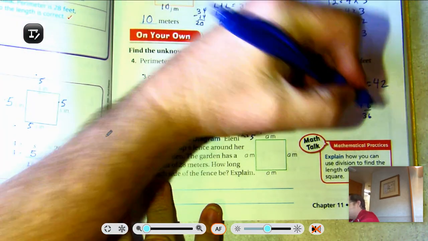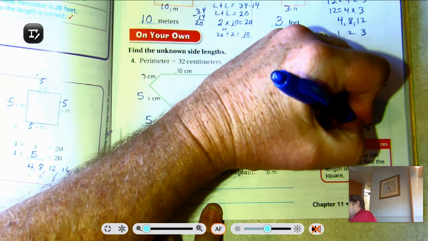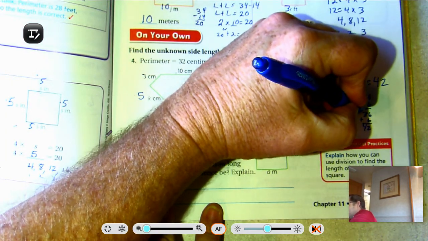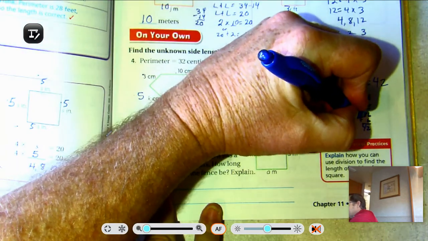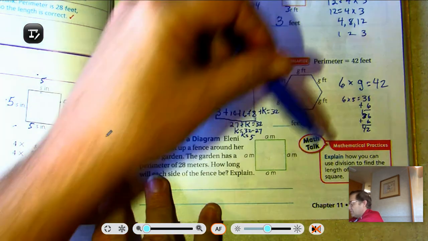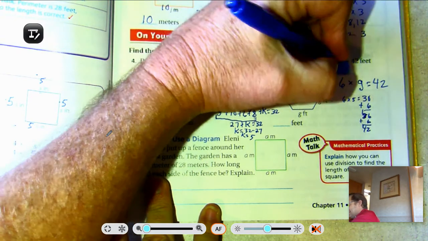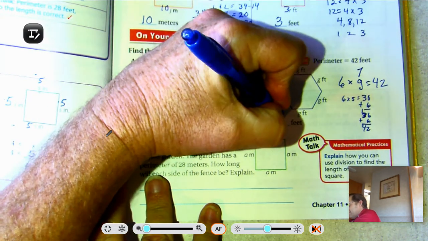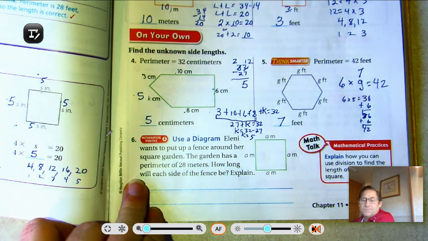So that's 36. And 36 plus 6 is 42. So how many 6's were there? We started with 5. We added 2 more, so 7. 7 feet. And 6 times 7 is 42.